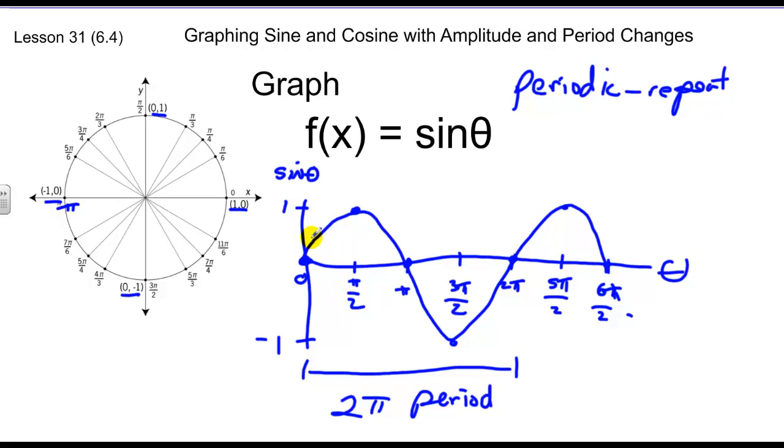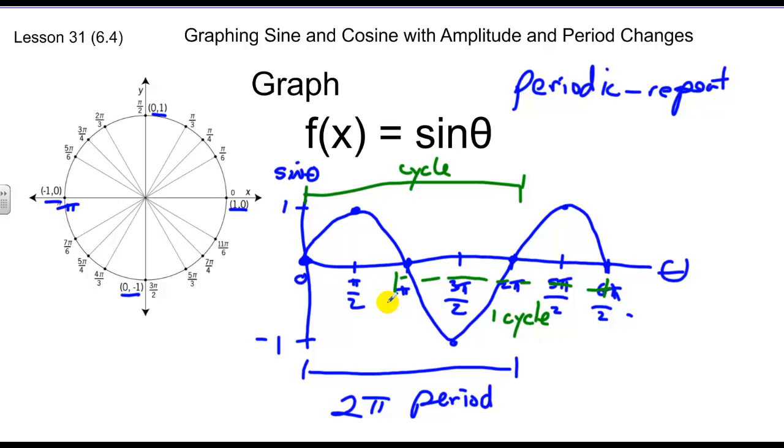And they say that if you take a snapshot of one piece that is in fact the period, that's called a cycle. So from here to here is one cycle. Or I could say from here to here is one cycle, because it's a snapshot of a period.